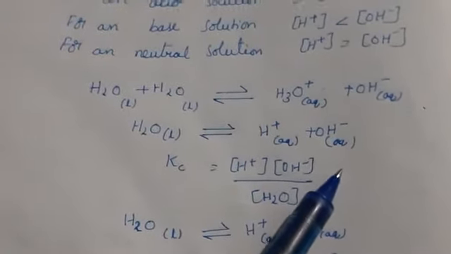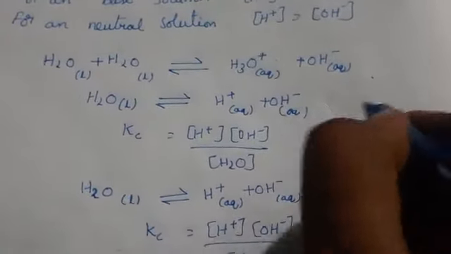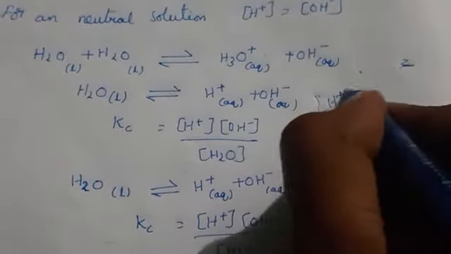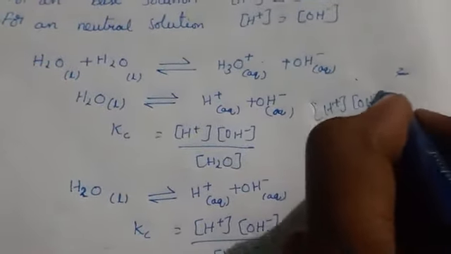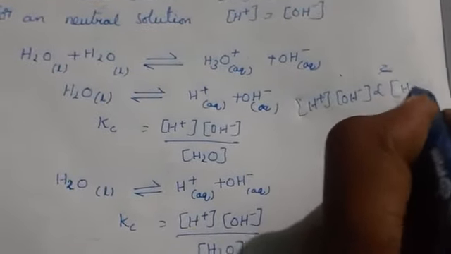So according to the law of mass action, what can we write? The concentration of H plus and the concentration of OH minus is directly proportional to the concentration of H2O.